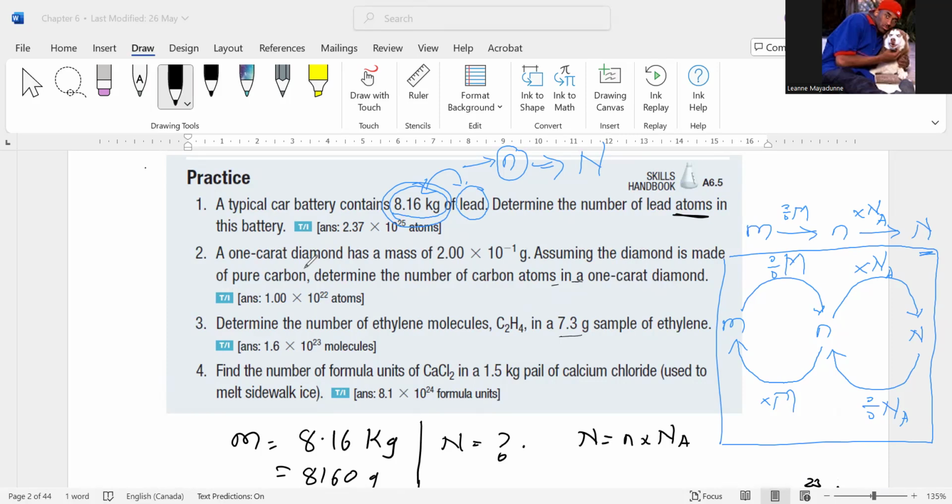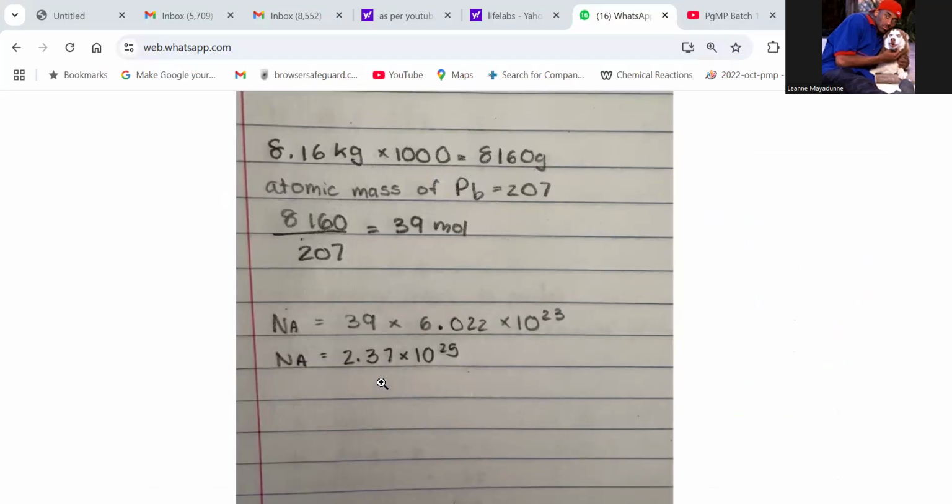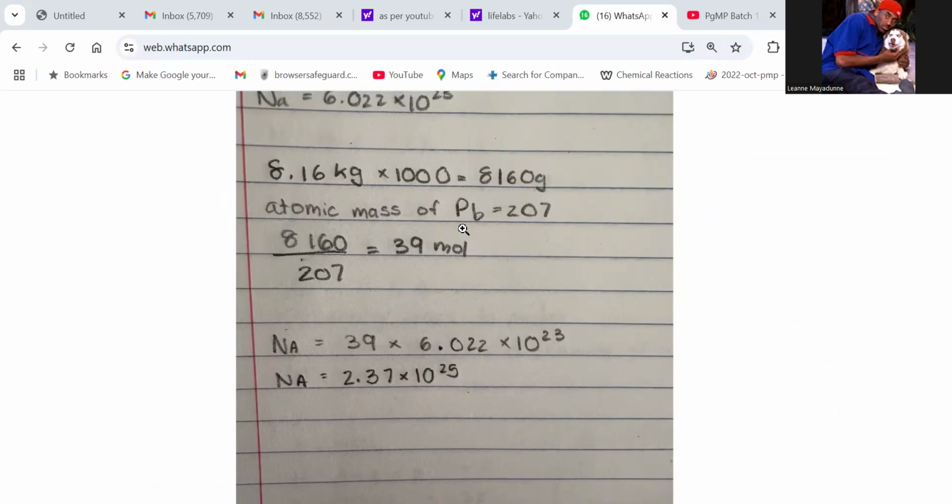Leanne, can you see the screen now? Yes, I can. Okay, the number of moles are correct, but Avogadro's number is Na, not what you have represented over here. That is N, Na is incorrect. Na is 6.022 into 10 raised to 23.